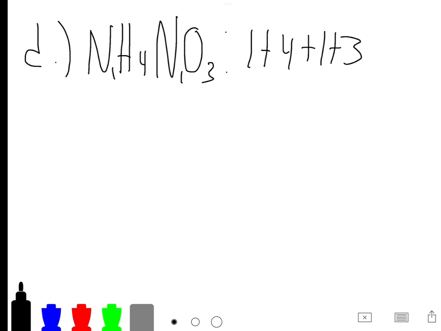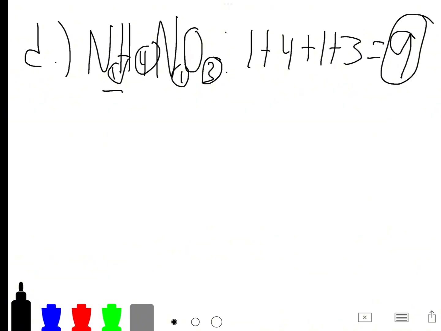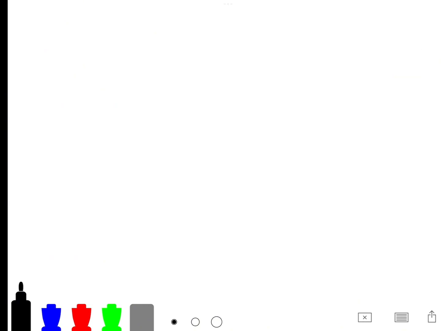These are your total atoms for each element. So 1 plus 4 is 5, plus 1 is 6, plus 3 is 9. There are 9 total, and there's 1 nitrogen, 4 hydrogen, another nitrogen, 3 oxygen.